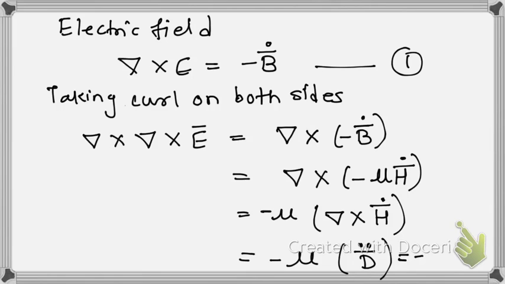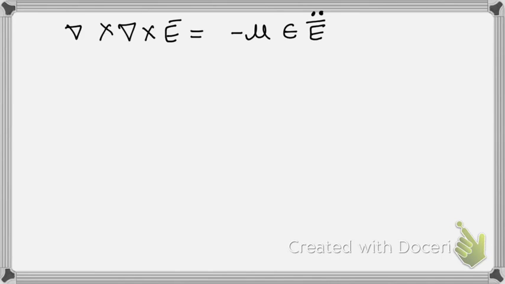So it is equal to minus mu epsilon E double dot. So this is our equation number 2. So I will write it again. Del cross E bar is equal to minus mu epsilon E double dot.